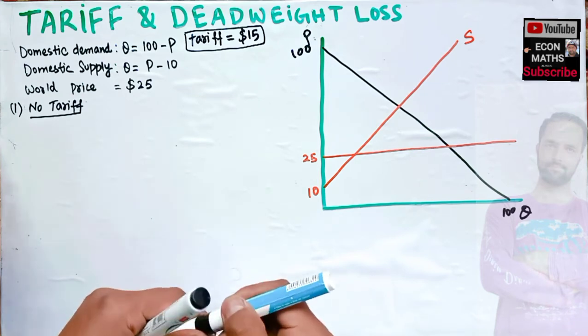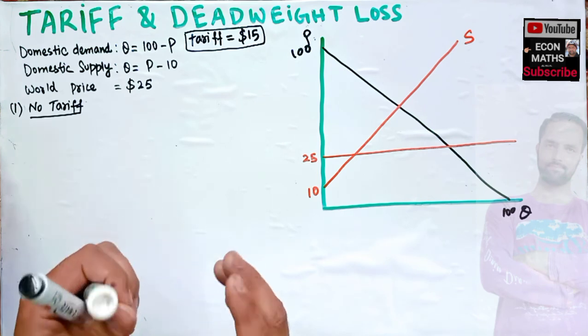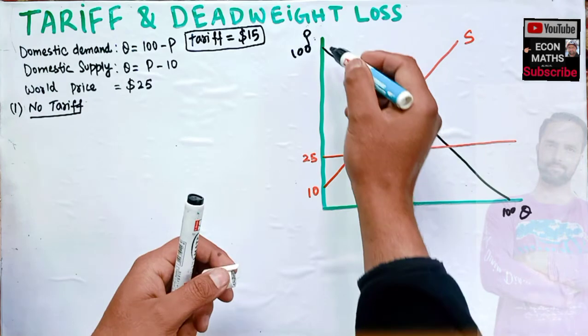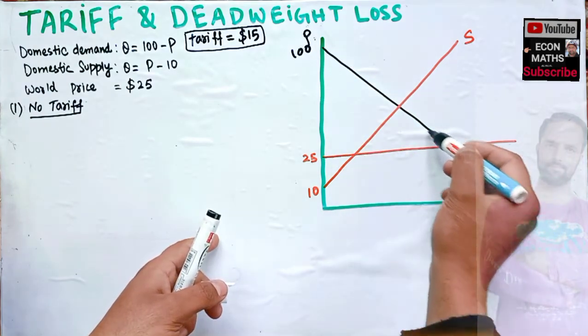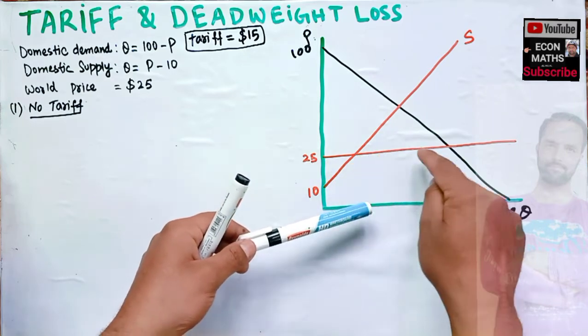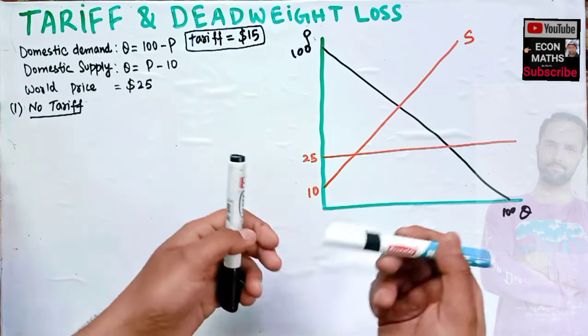Now what is the consumer surplus when there is no tariff? Consumer surplus is simply this area, this whole triangle. The area which is above the world price and below the demand curve gives us the consumer surplus.